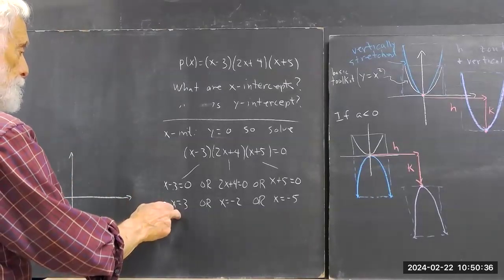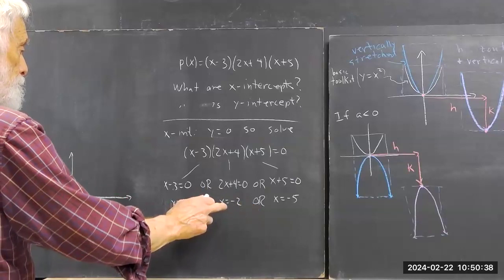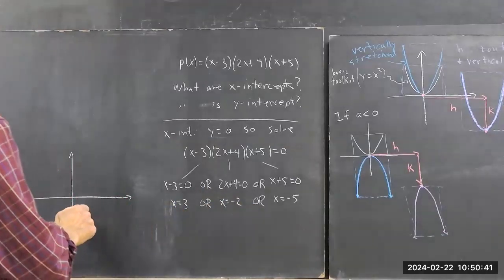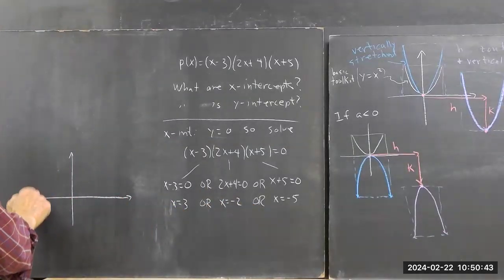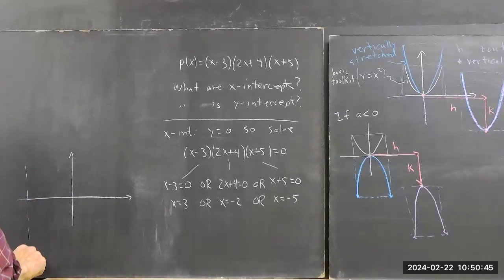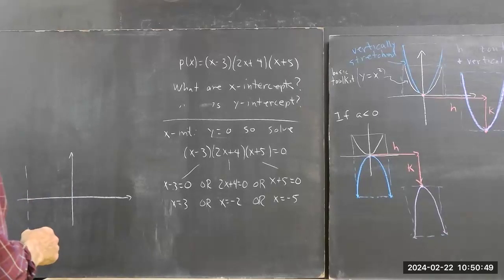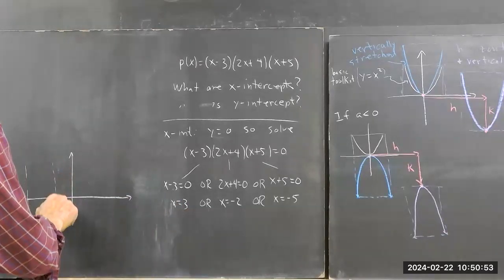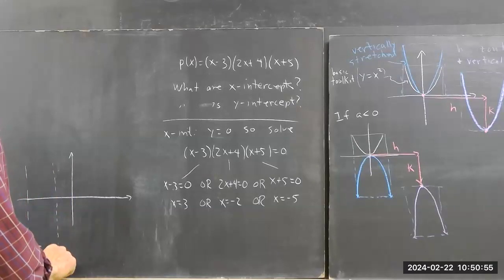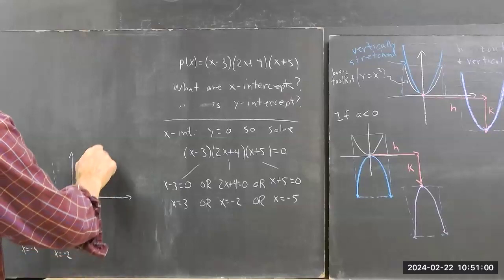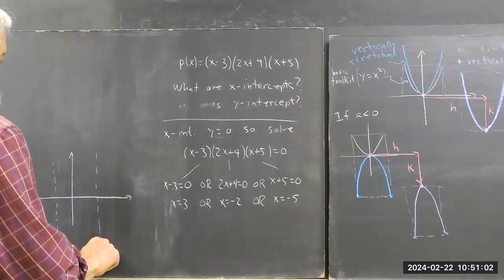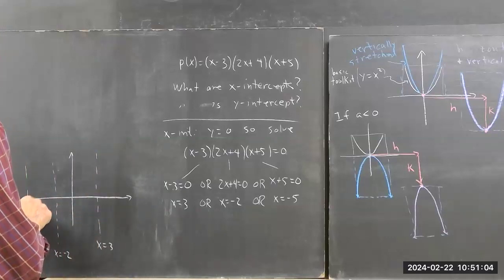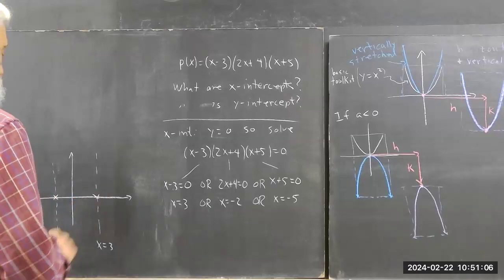Its zeros are at -5, -2, and 3. So let's see, -5 is the biggest number. So here I'm going to just draw the line x equals -5. Of course, you'd label -5 on the axis. X equals -2 would be a little closer to the y-axis than x equals -5. And x equals 3 is going to be maybe about here. So now we know the graph goes through all three of these points.